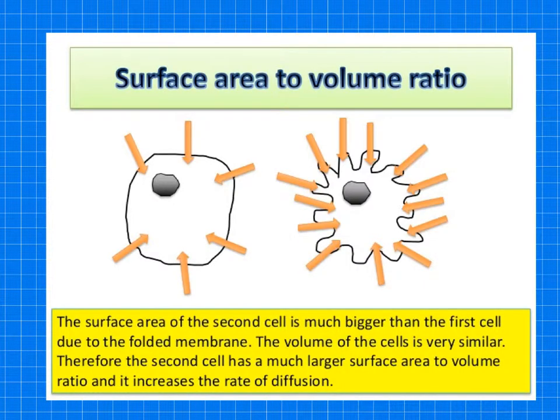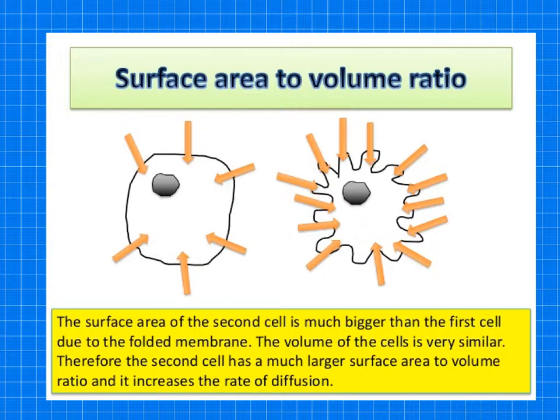So the third factor is the surface area to volume ratio of the cell. Some individual cells are adapted to make diffusion easier and more rapid. For example, the cells in the small intestine and also the alveoli in the lungs all have a large surface area.